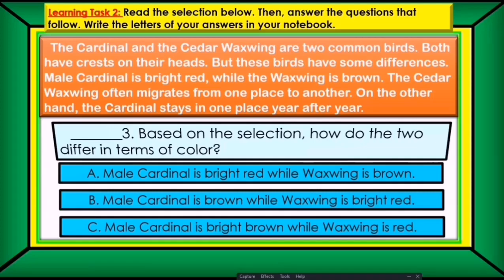So what is your answer? The correct answer is letter A. Male cardinal is bright red, while waxwing is brown.